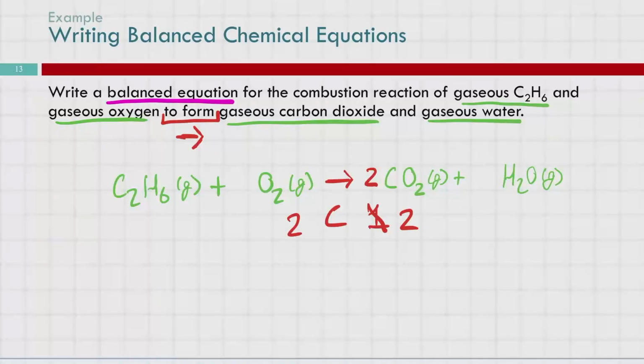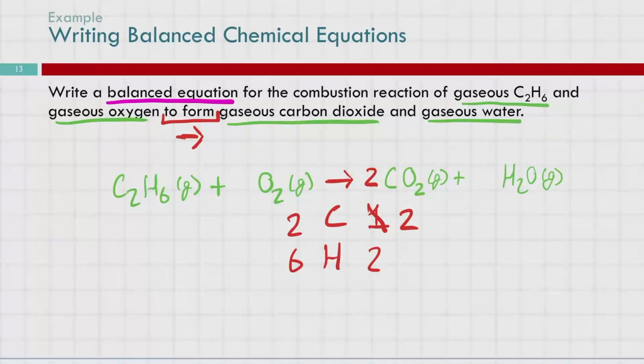What's the other thing that's in one compound on both sides? H, hydrogen, right? It's in C2H6, it's also in H2O. So we can balance our hydrogen. Our hydrogen, we've got 6 on the reactant side, and we've got 2 on the product side.